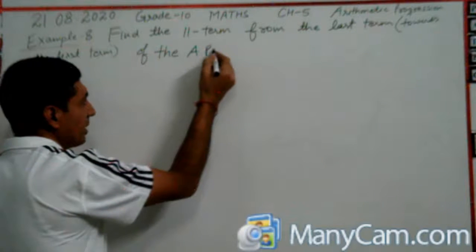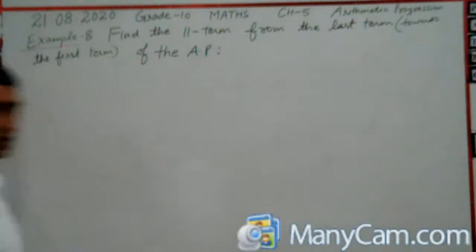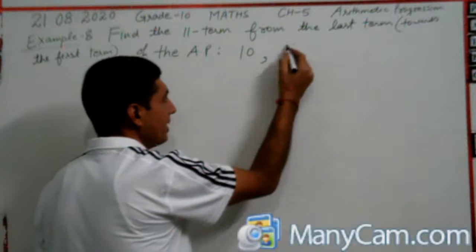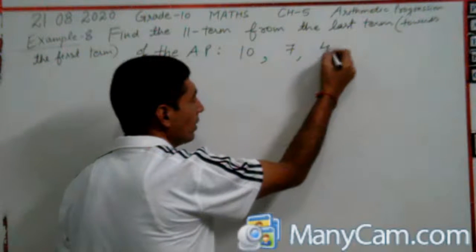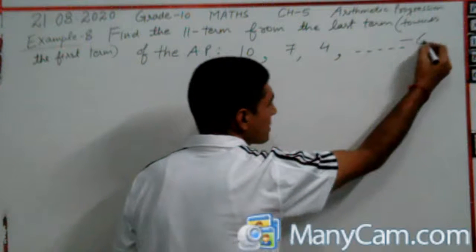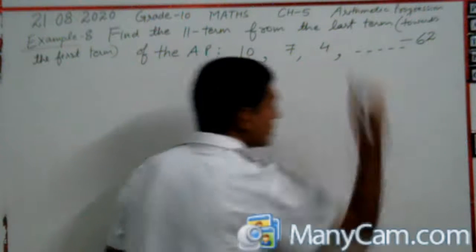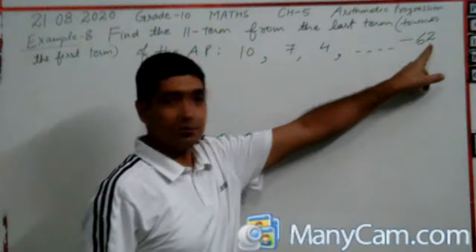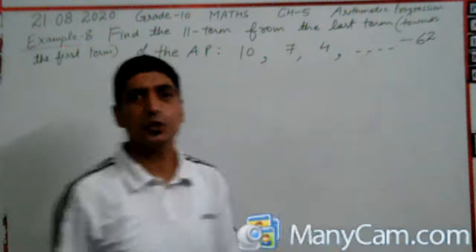What is the arithmetic progression? It starts from 10, 7, 4, and so on, up to minus 62. The last term is minus 62.